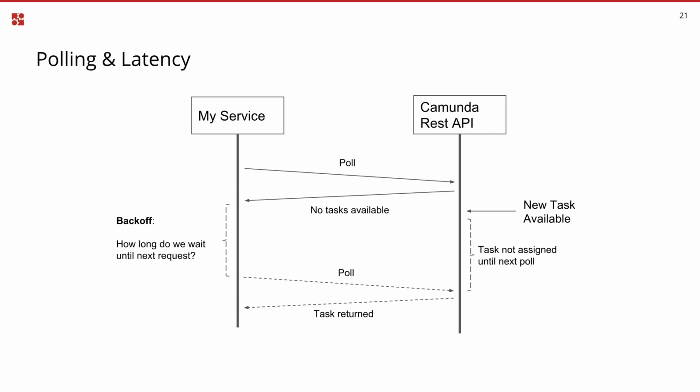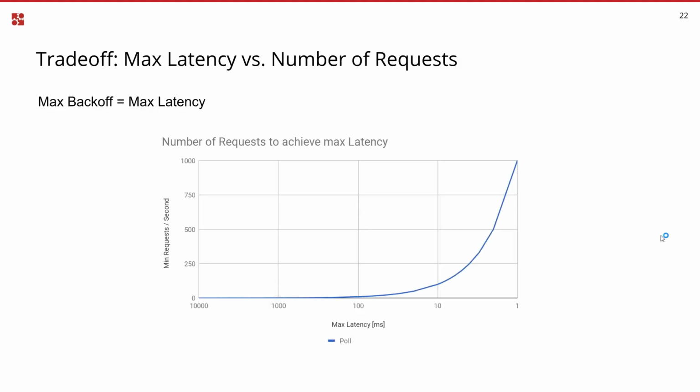I try to illustrate that a little bit. Jakob, if you go to the next slide, here I made this chart. What it is supposed to show is the relationship between the backoff, which is the time I spend after having pulled and received an empty response before I pull again, and the maximum latency that I'm willing to accept between the moment the task has been created and the moment it gets executed.